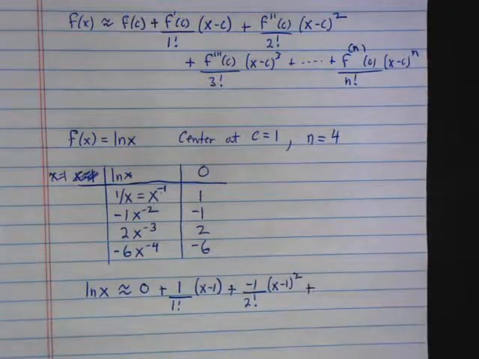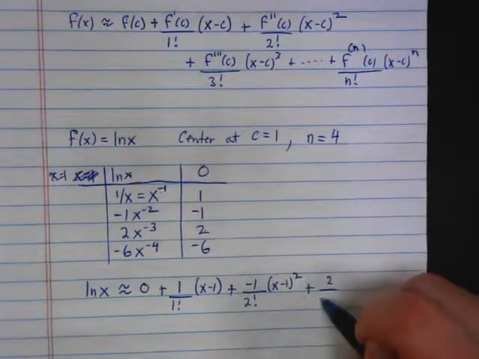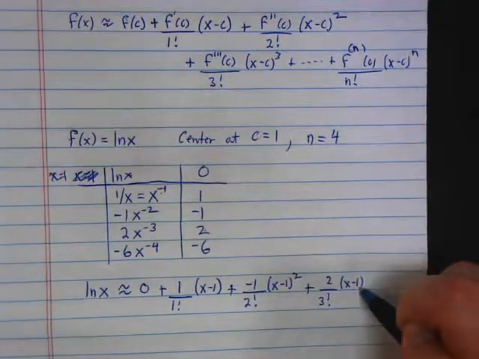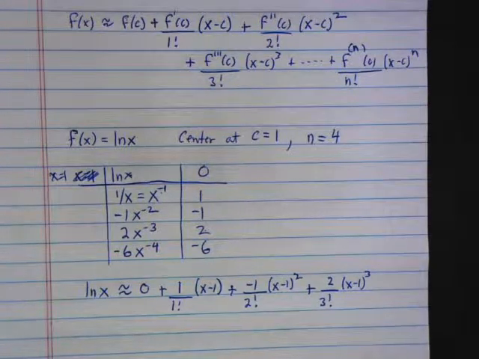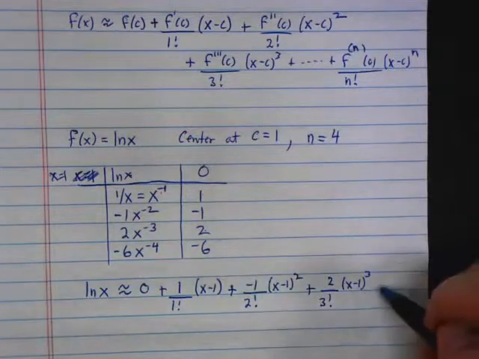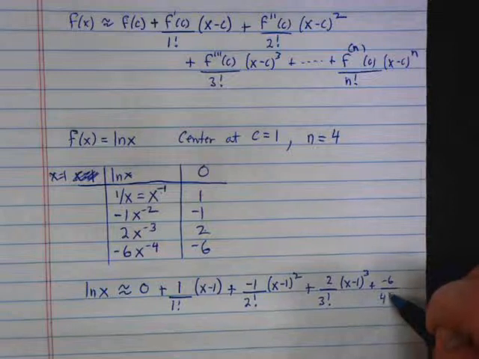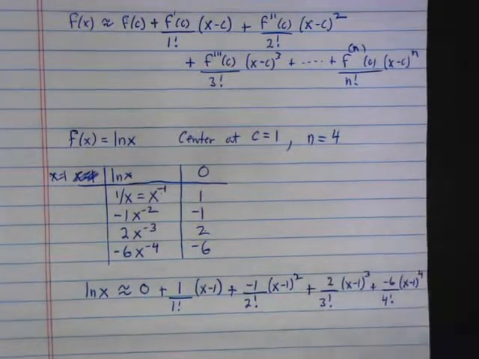Plus third derivative was 2 divided by 3 factorial times x minus 1 cubed. And then finally our last one, our fourth derivative, we had negative 6 over 4 factorial times x minus 1 to the 4th.